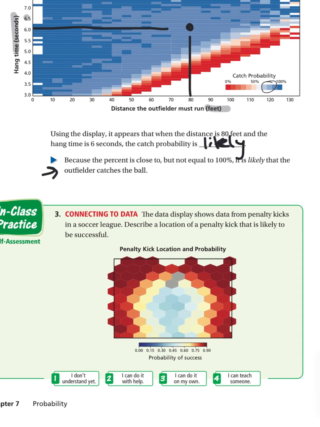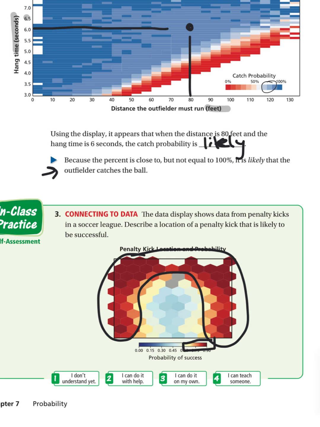All right, I am going to have you do this one today. The data display shows more data from penalty kicks in a soccer league. Describe a location of a penalty kick that is likely to be successful. Well, notice the closer red it gets, the more likely it is successful. So anything out here is likely to be successful.